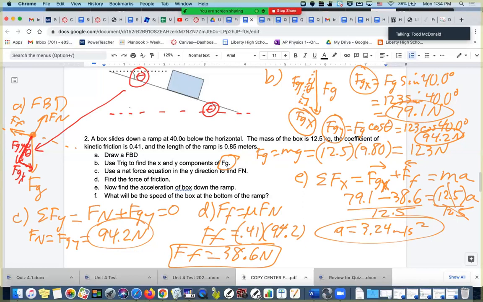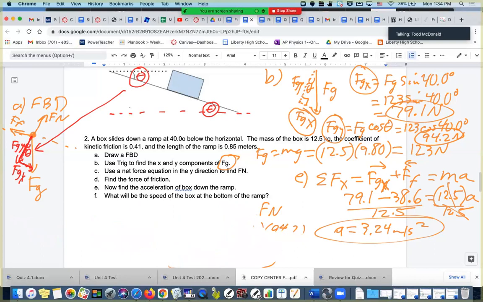Okay, I'm going to do a quick erase of my midsection, letters C and D here, just so I have a little bit more space to see where we're going, because we have to do a little kinematics, okay? So for letter F, let's think about what we know. We assume the box starts at 0 meters per second. We know it's accelerating down the ramp at 3.24 meters per second squared.